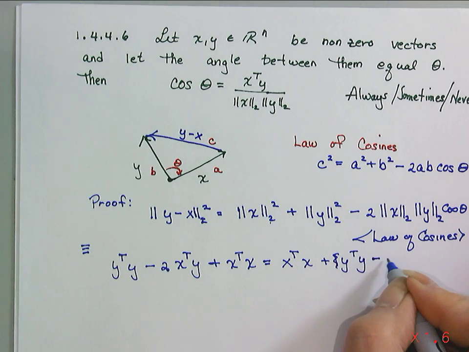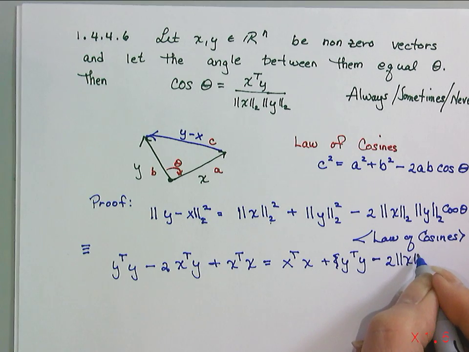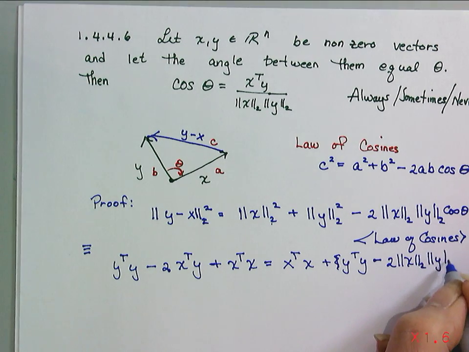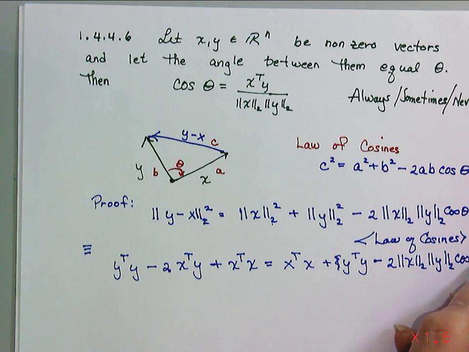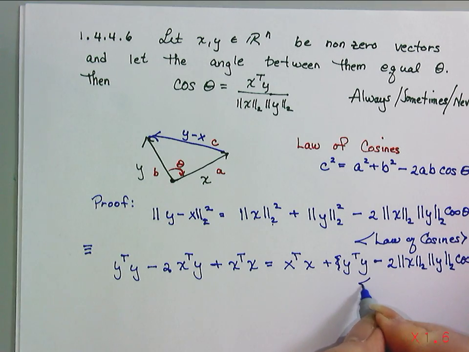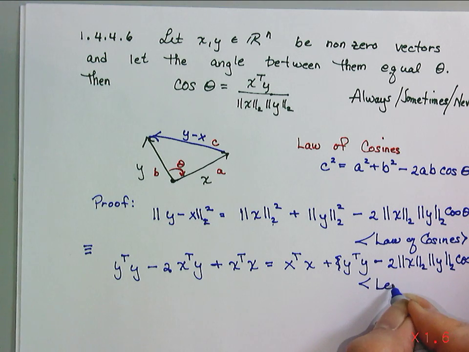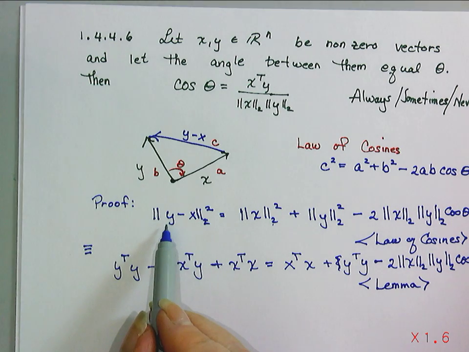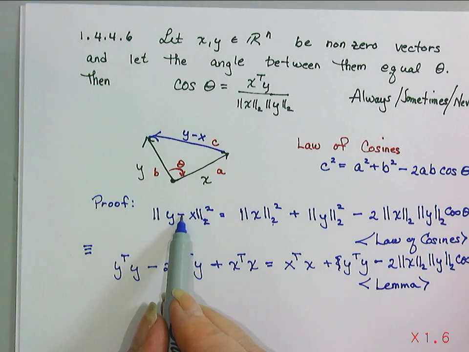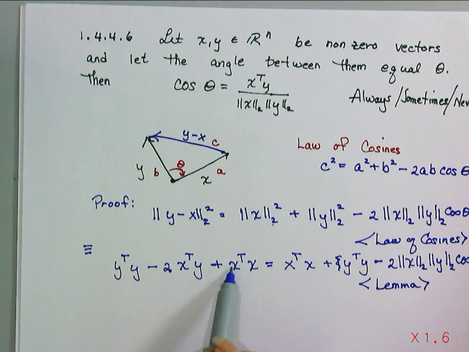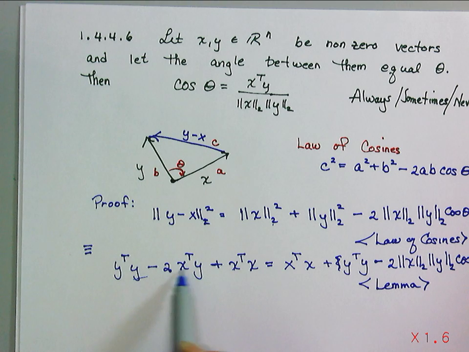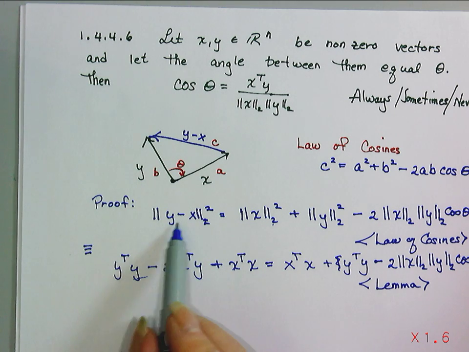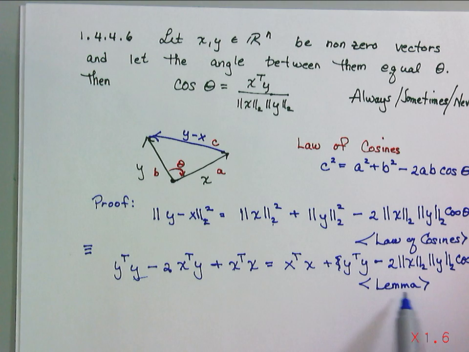And then we'll have minus 2 times the length of x times the length of y times the cosine of theta. And again, I'm going to be a little sloppy here, but I'm going to call this a lemma, and I'm going to ask you to verify it for yourself. In other words, make sure that this minus in here doesn't mess up our expansion any, and it expands naturally like this. It's not hard to prove, but I really should have proven the lemma.